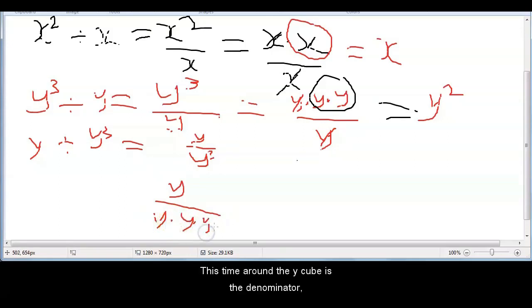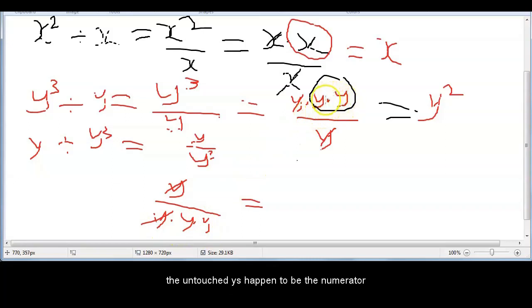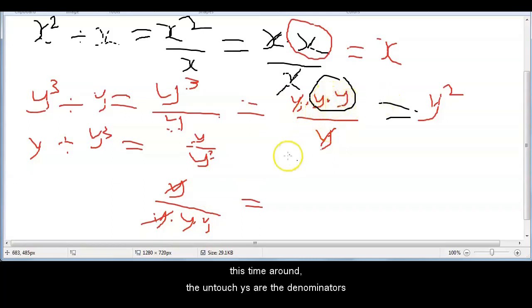This time around, the y cube is the denominator, not the numerator. So we'll still cancel. One y from the numerator cancels another y from the denominator. We're left with two y's. The difference between this and the previous one is that the untouched y's happen to be in the numerator before. This time around, the untouched y's are in the denominator.